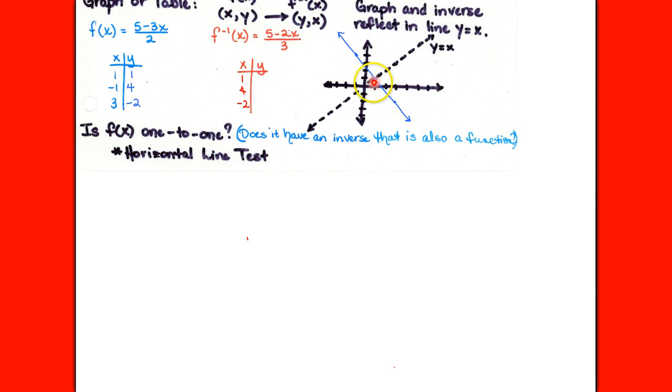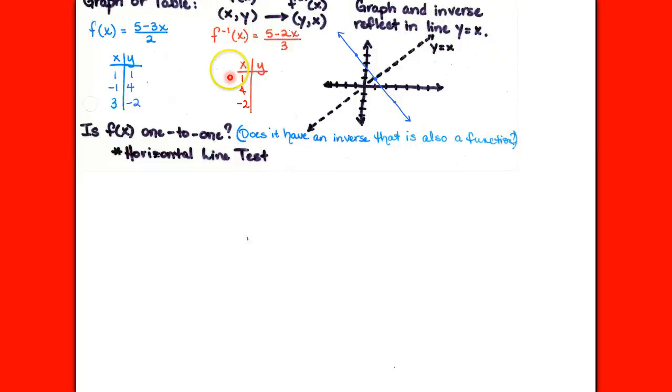I've got 1, 1, negative 1, 4, and 3, negative 2, and there's the graph of my original function. All right, then let's graph the inverse.